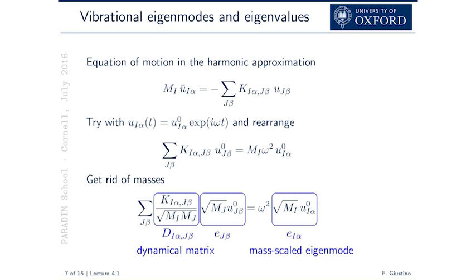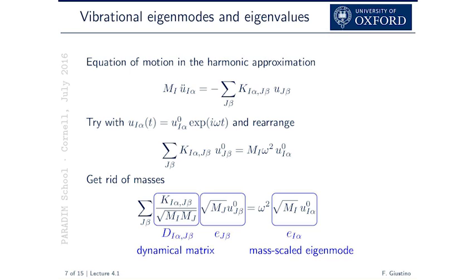I write this as a square root of mass, and I keep one here. I bring the other one here, so I have this denominator. And here I multiply and divide by square root of mass j. The reason why people do that is that now this object is the friend of this object. They look the same. This is a matrix, and this is a number. So in practice, you no longer have something like that, but something like matrix times vector equal omega square times vector. So that's really an eigenvalue problem, okay?